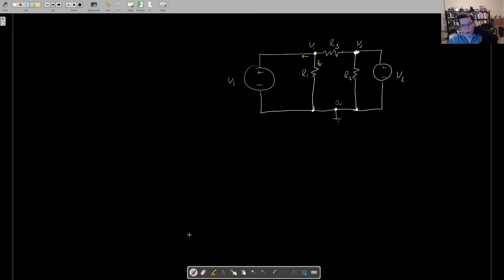When you're doing this nodal analysis using node voltage or later on mesh current, something that you have to do is remember what the ideal impedance of your source is. So with a voltage source, the ideal impedance is infinity. You want to be able to take your voltage source out and have this be an open circuit.